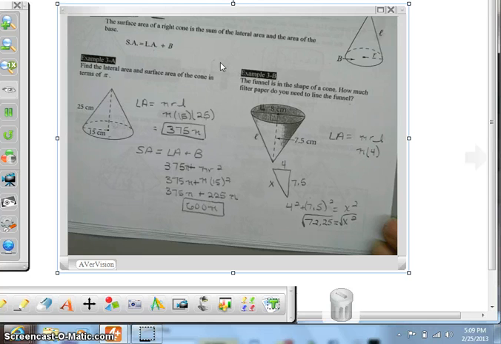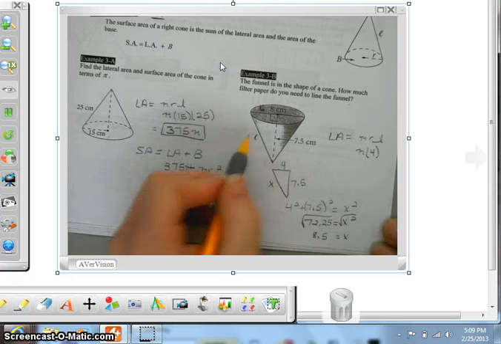Take the square root of 72.25. Okay, and it's 8.5, so x equals 8.5.